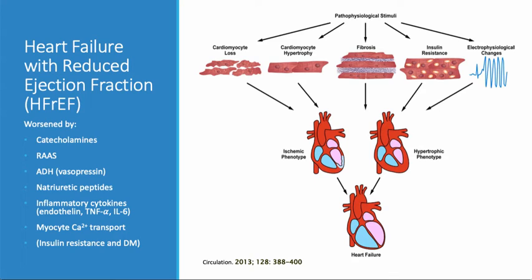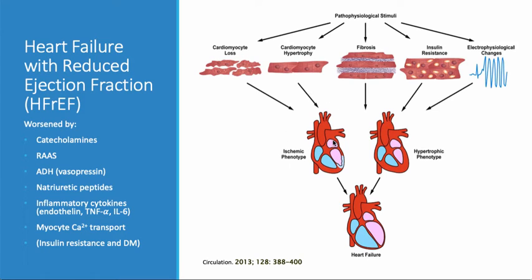The stimuli that go along with heart failure with reduced ejection fraction and worsen that condition are shown here. So there's essentially two phenotypes that are involved. One is the ischemic phenotype, where you have myocardiocyte loss, right, from an acute MI, for instance, and then replacement of those dead myocytes with fibrotic material, and the other cells in response, hypertrophy.